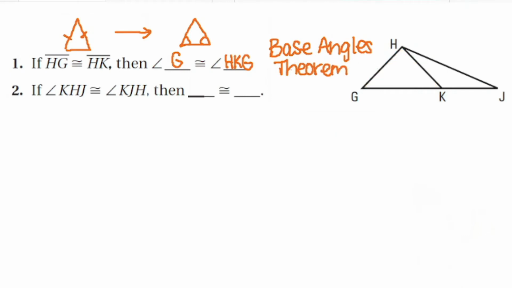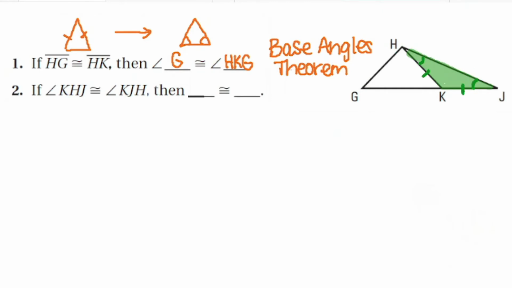All right, the next one says angle KHJ. KHJ is this angle right here. Angle KJH is this angle right here. So it looks like the triangle that they're talking about is this triangle in here this time, right? Might need to turn your head a little bit. If we have those two base angles congruent, then I can say which two sides of that triangle are congruent?